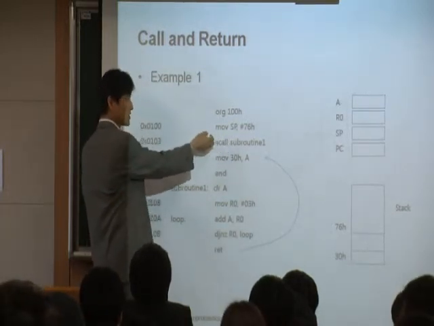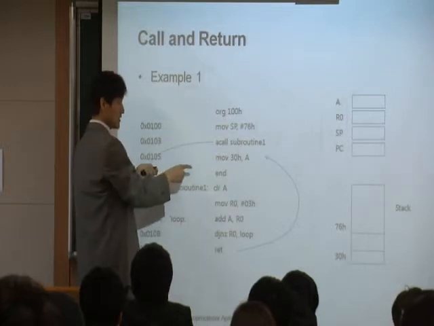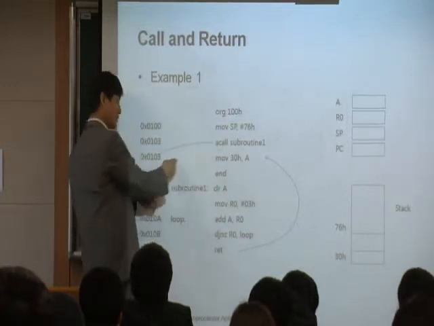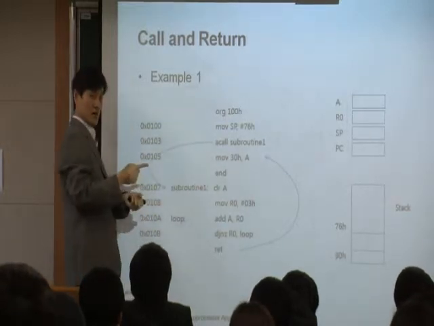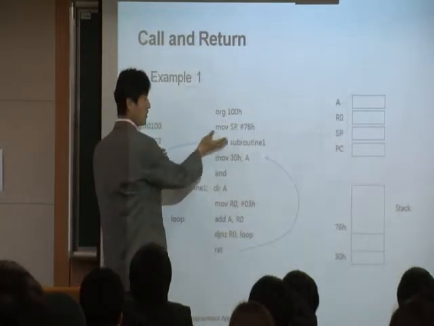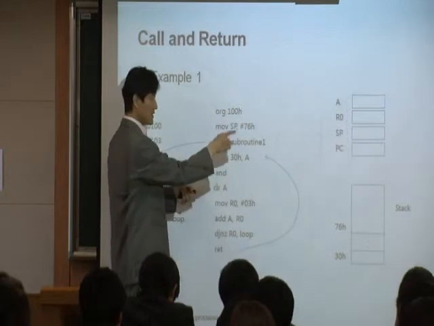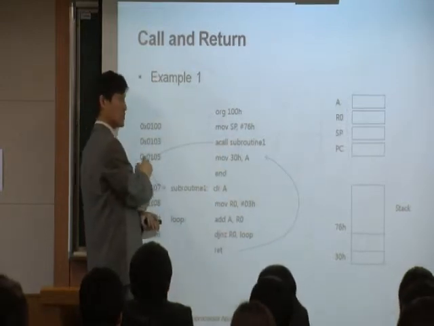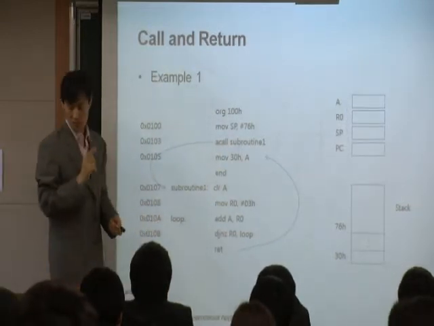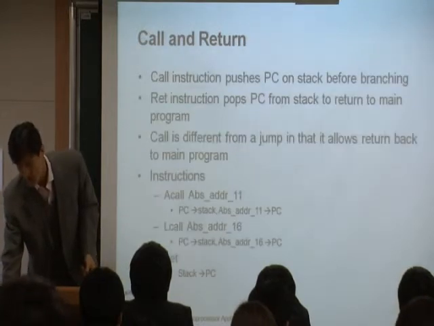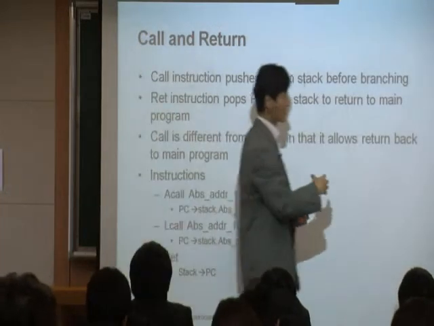Whenever I fetch this second instruction, the program counter will again increment to the next one. So at the time of execution of each instruction, the program counter has the value of the next instruction address. Remember that. The program counter will have the address of your next instruction.